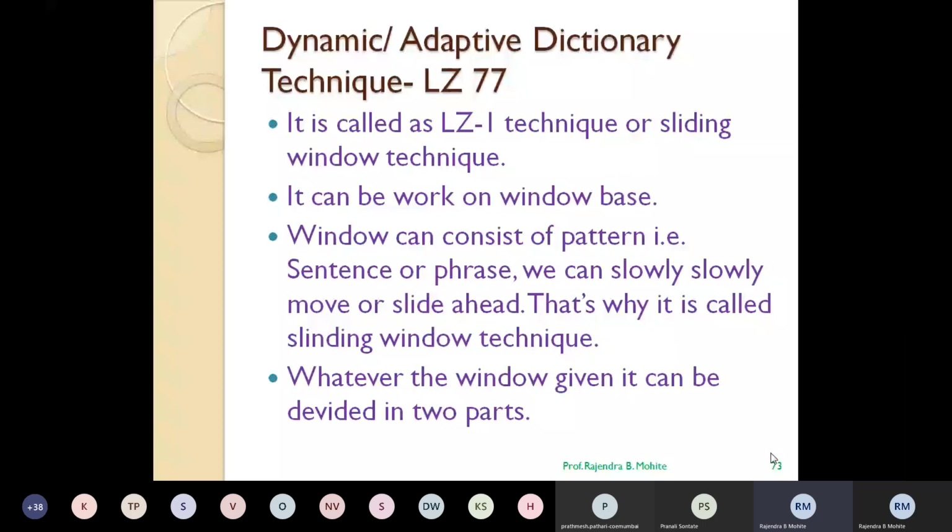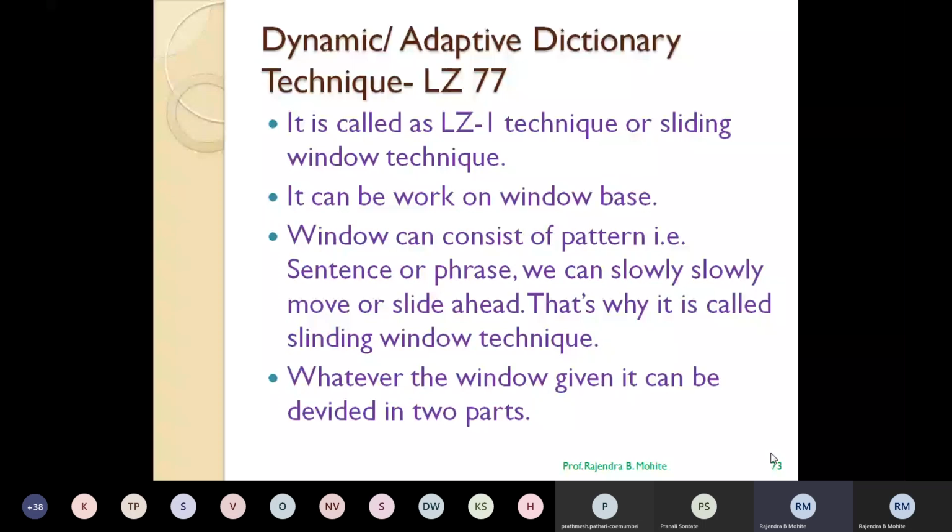So why is it called a window? Basically, a sliding window can consist of a pattern, sentence or phrase, and we slowly slide ahead. Whatever window is given to you can be divided into two parts.